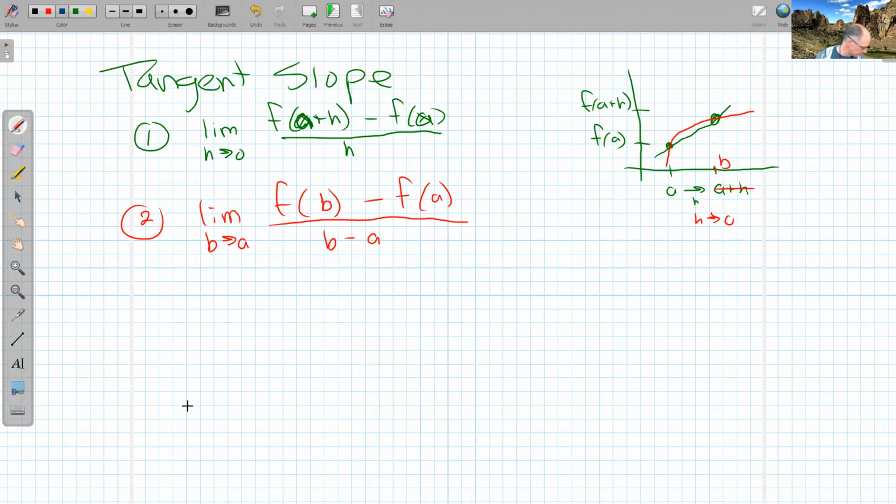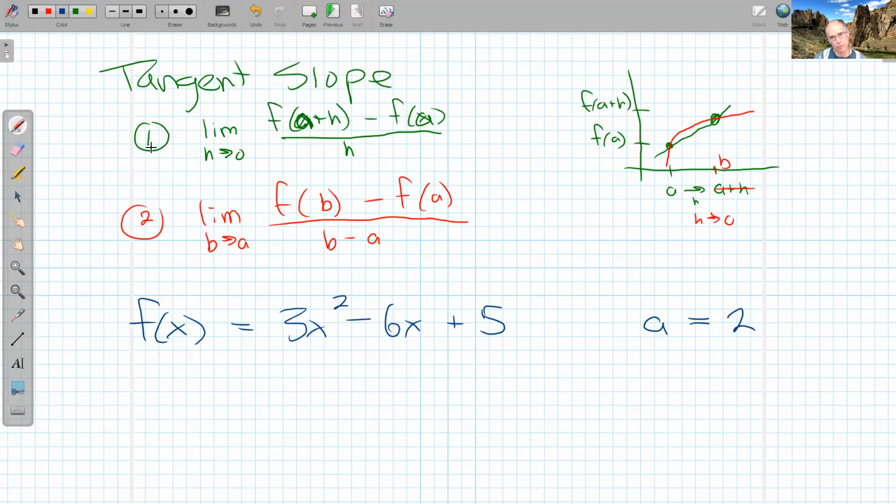So let's look at a more complicated problem. Let's take f of x equals 3x squared minus 6x plus 5 as our function, and we're going to let a equal 2 this time.